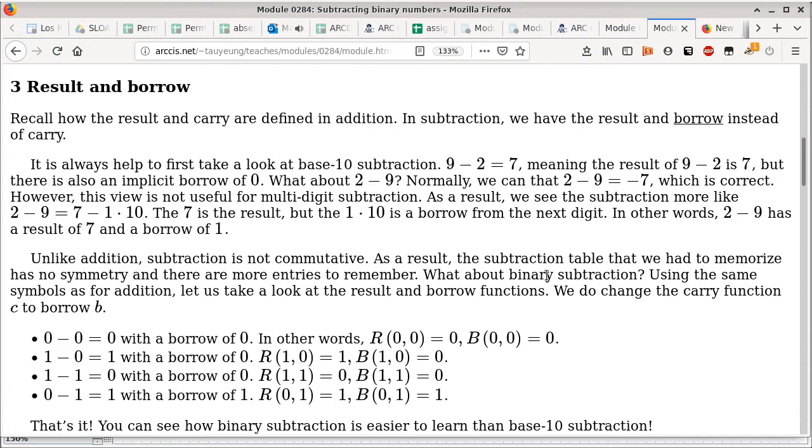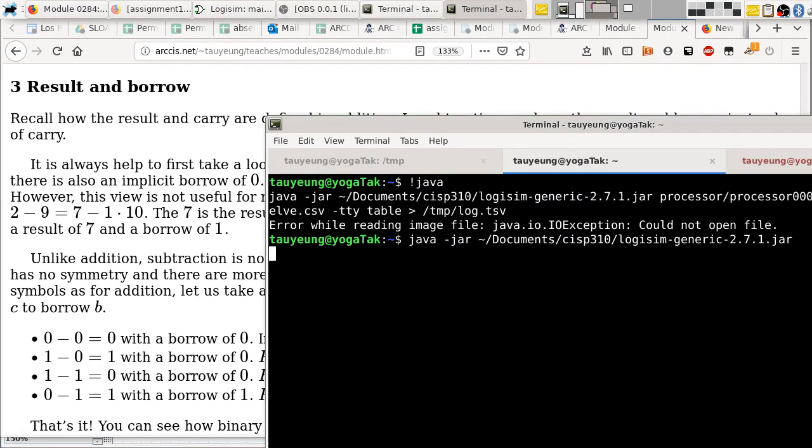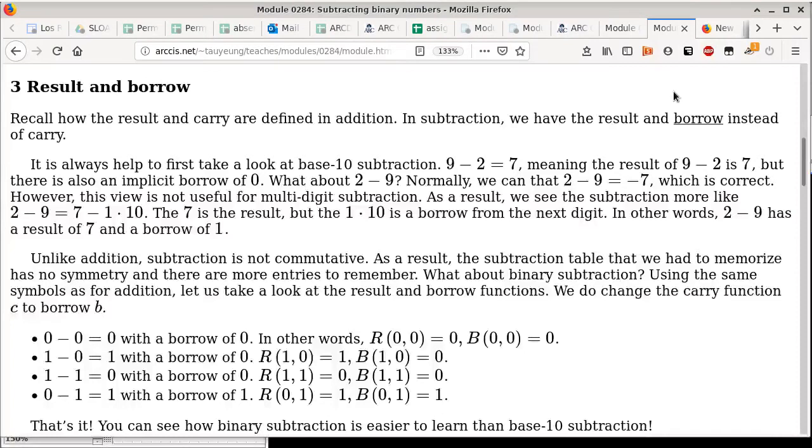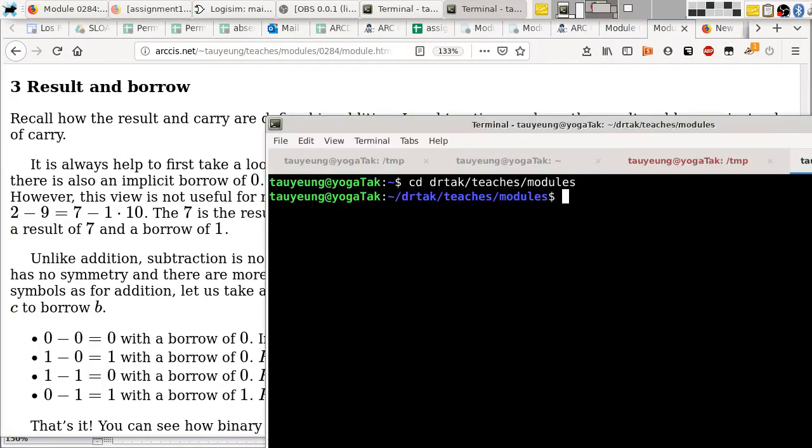Yep. So 3 is the result, but the 1 times 10 is a borrow. So let me fix this first. And now you guys can see firsthand how I write notes for this class, and all of my classes, actually. And which module is this? 284.